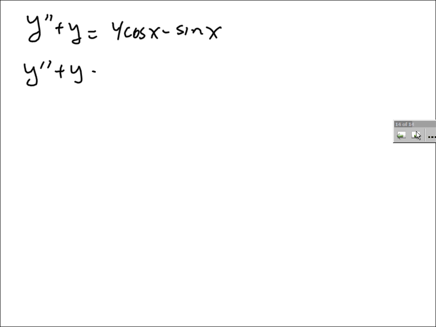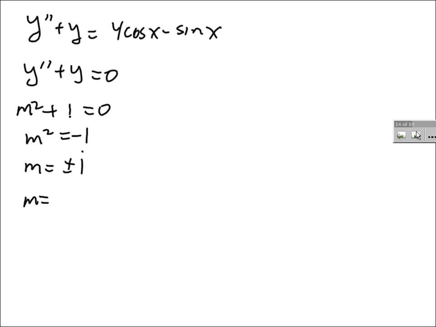Try another one. Suppose you have y double prime plus y is 4 cosine x minus sine x. Well, the homogeneous equation will be that, and that means that m squared plus 1 is 0, m squared is negative 1, m is plus or minus i. In particular, it's 0 plus or minus 1i.